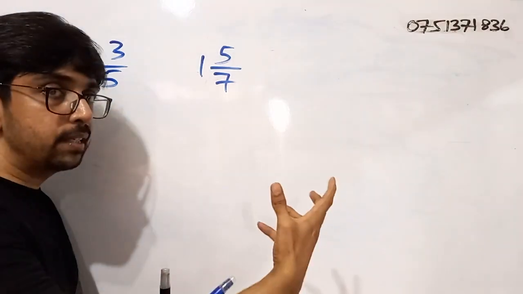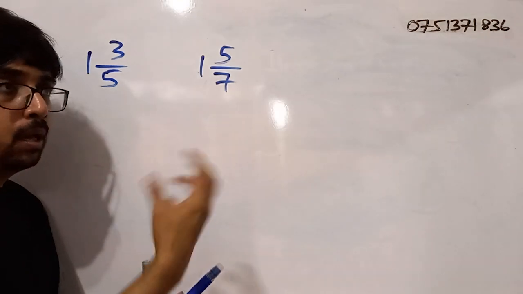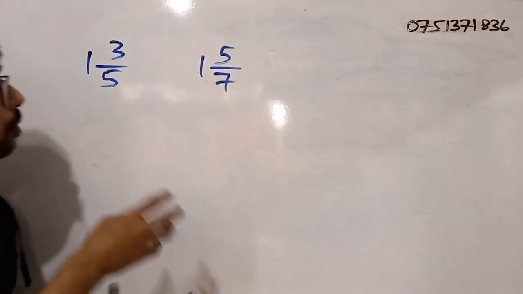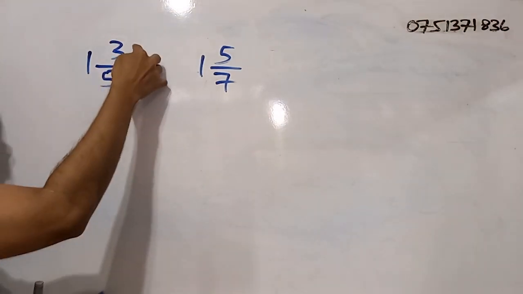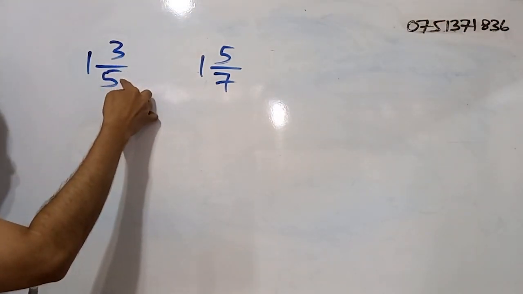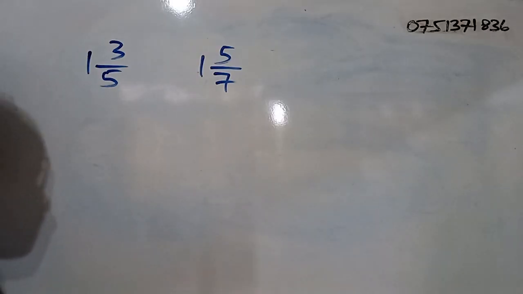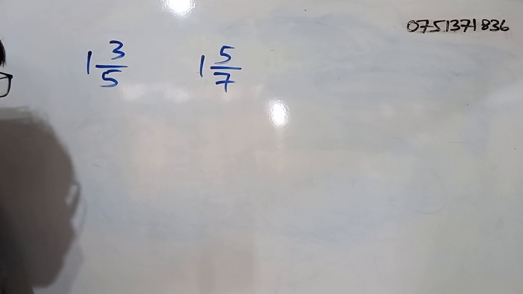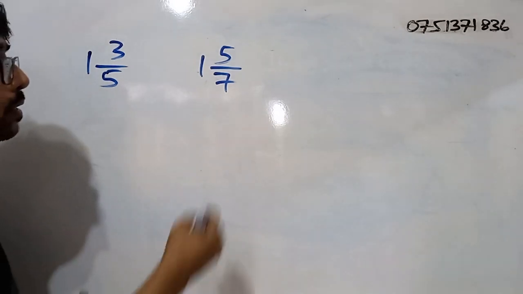Always when we say fraction, what comes into our mind? We have a numerator and a denominator. But here, we have a numerator, a denominator, and also another number. These are mixed numbers.